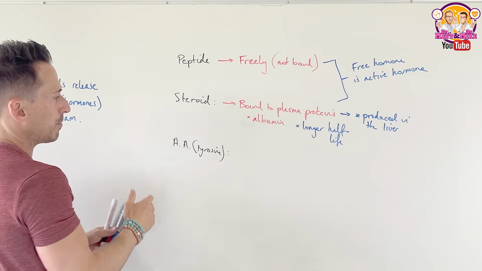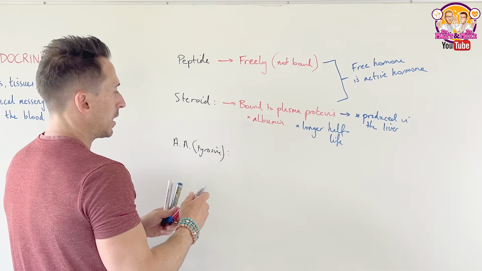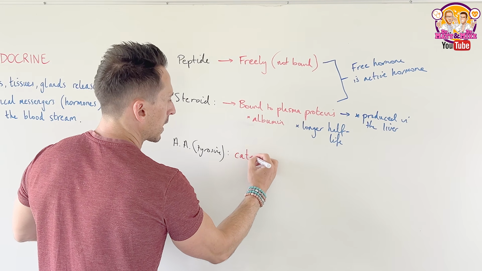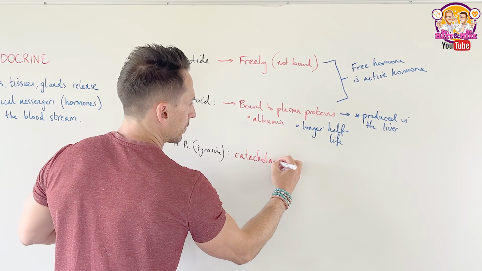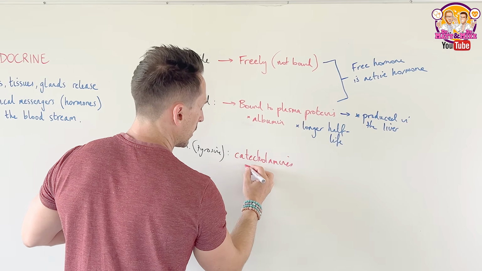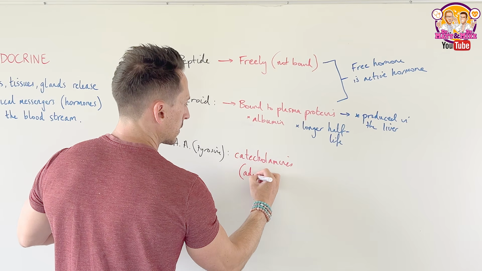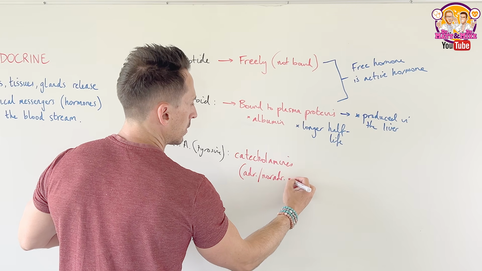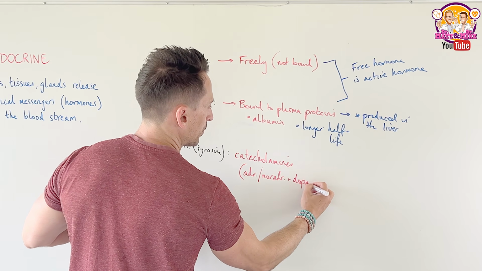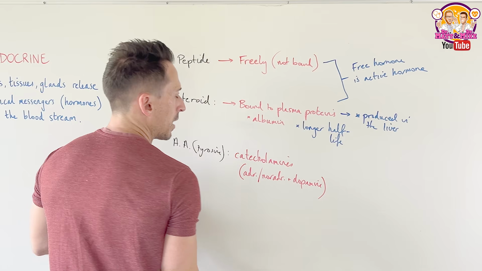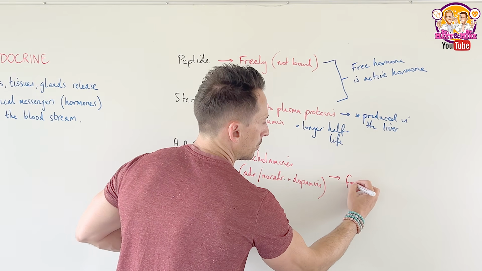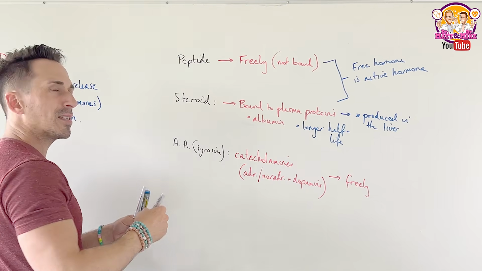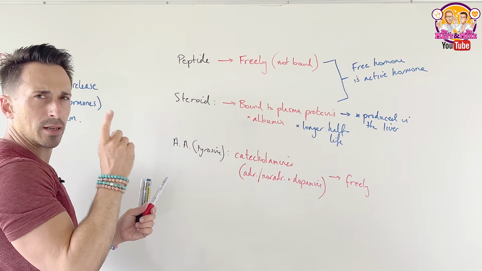What about the amino acid ones? Well, the catecholamines, and I'll just tell you what they are again, just in case you forgot, that's adrenaline and noradrenaline and dopamine. They are free, right? They're transported freely. However, I said there's another amino acid based hormone.